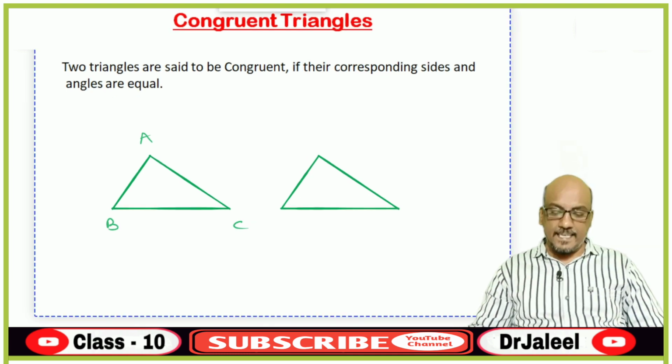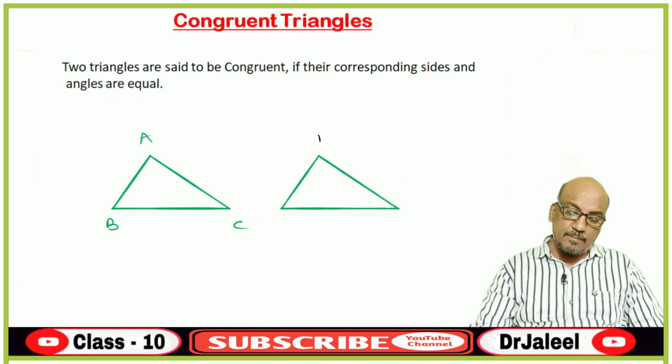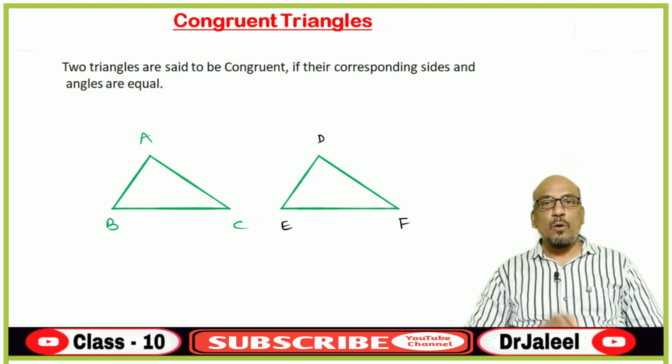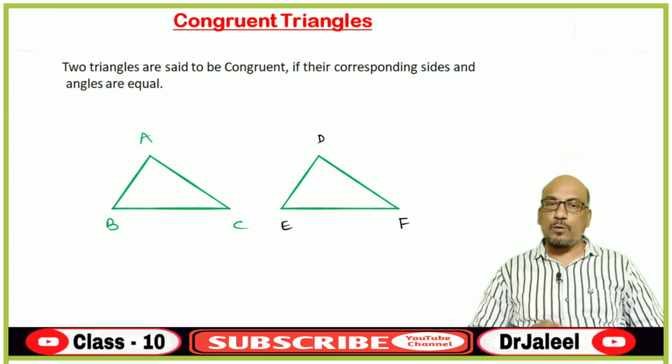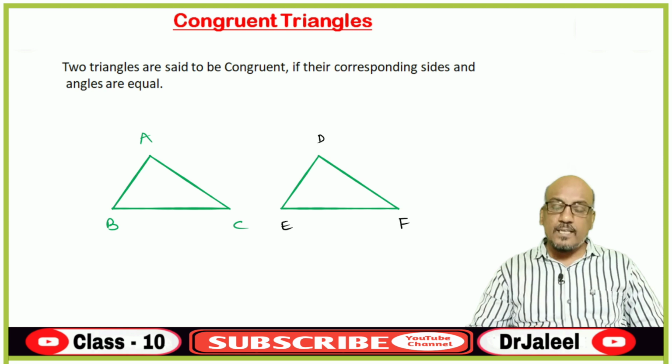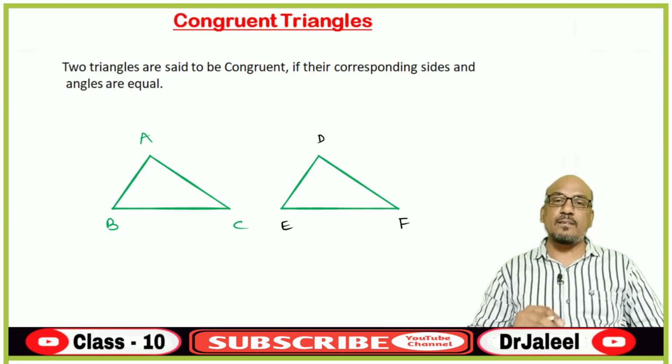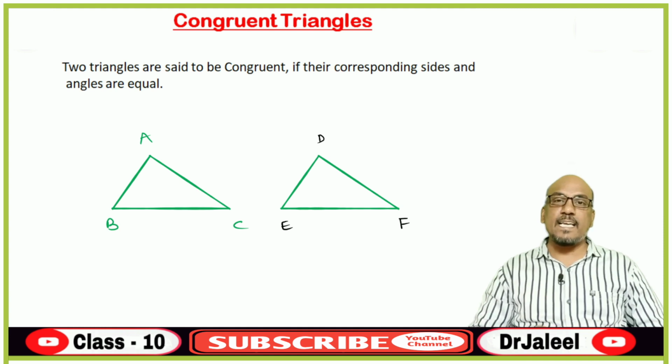So side by side I kept the triangles and I am naming this as D, E, F. What do you say about the size of these two triangles? Both are same in size, same in shape also. So the triangles which are equal in size and same in shape are called congruent triangles.